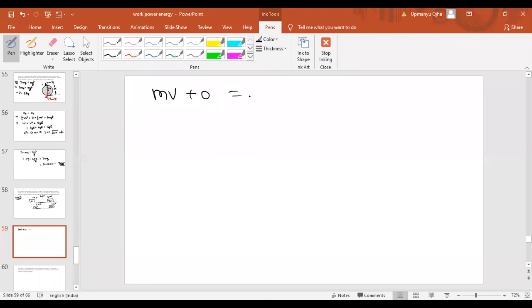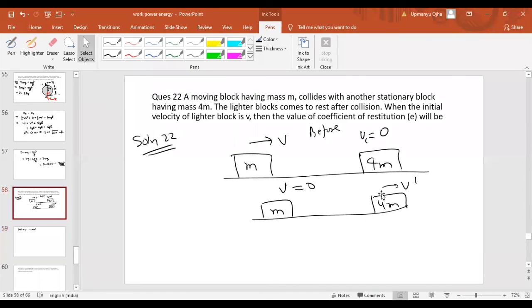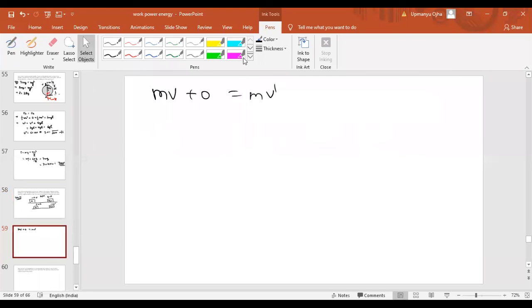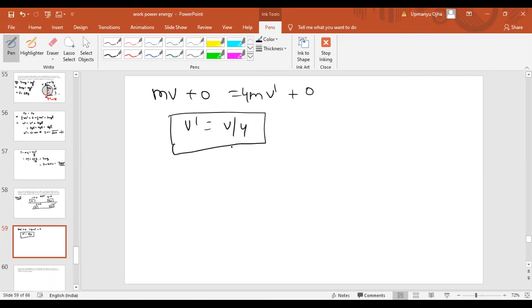Then the final momentum is 4m v dash, which is the momentum of the heavier block, plus 0. So v dash was equal to v by 4, which means the velocity of the heavier block will come as v by 4.